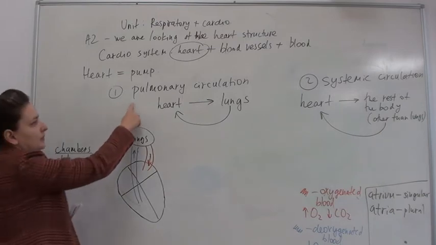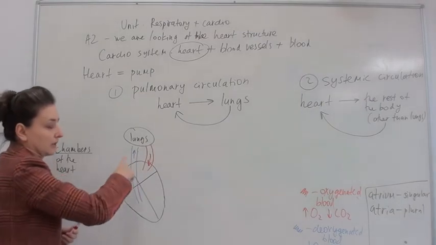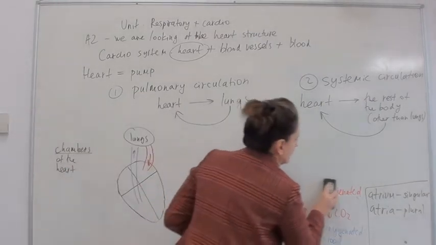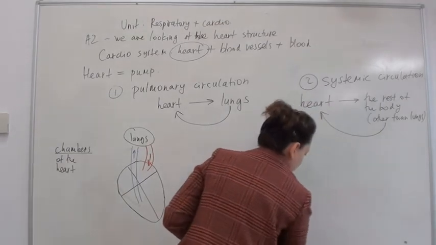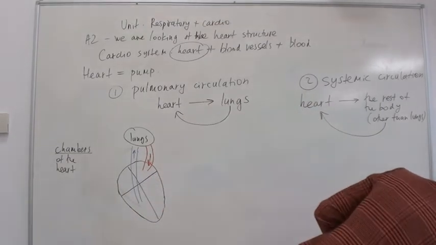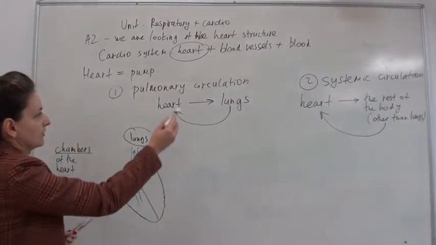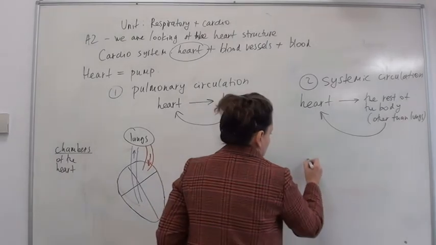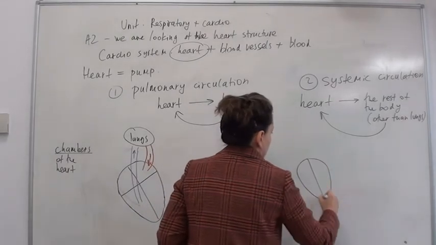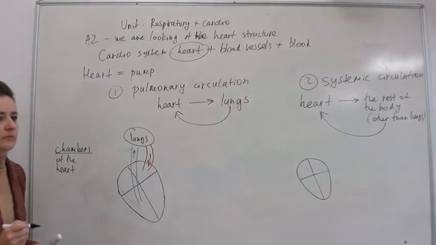So that's my pulmonary circulation in a nutshell, without going into a lot of details. Now I'm going to wipe this bit off. And I'm going to do similar thing, but this time for the systemic circulation. So again, same tilted egg and the cross.